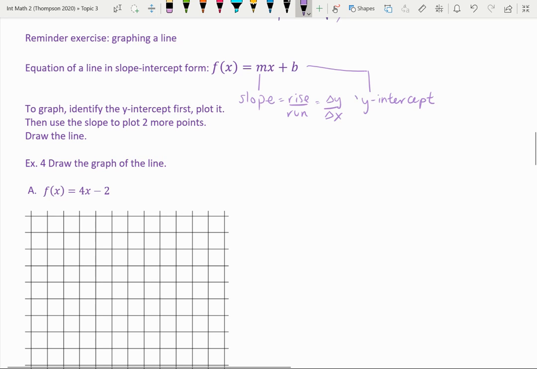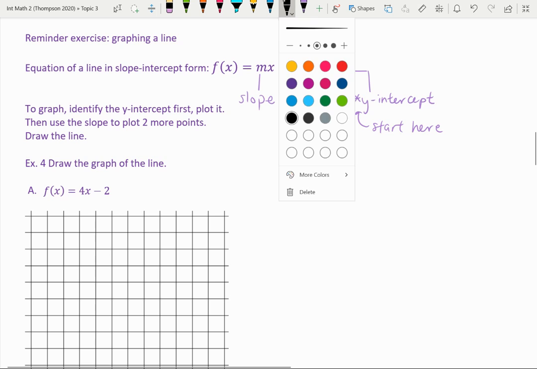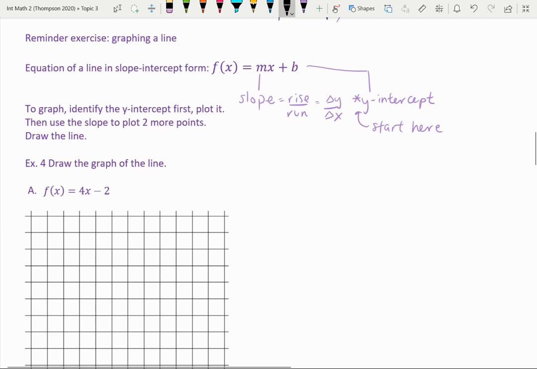Whenever I'm starting a graph, I always start here. This is my starting point. So these two things are essentially the different transformations that happen. b is my slide up or down, and m is my slope, so it changes the steepness and direction.